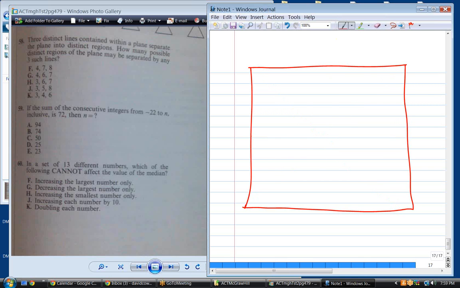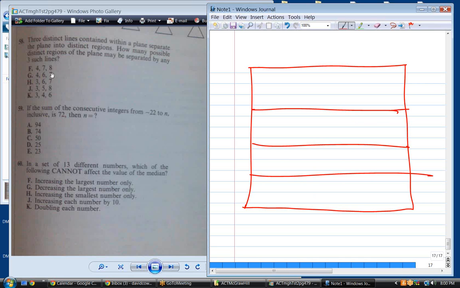Well, I can certainly get 3. I mean, if I draw 3 lines, 1, 2, 3, I've separated it into 4. I don't know how to draw 3 lines and separate it into 3. I think the minimum we can get is 4.